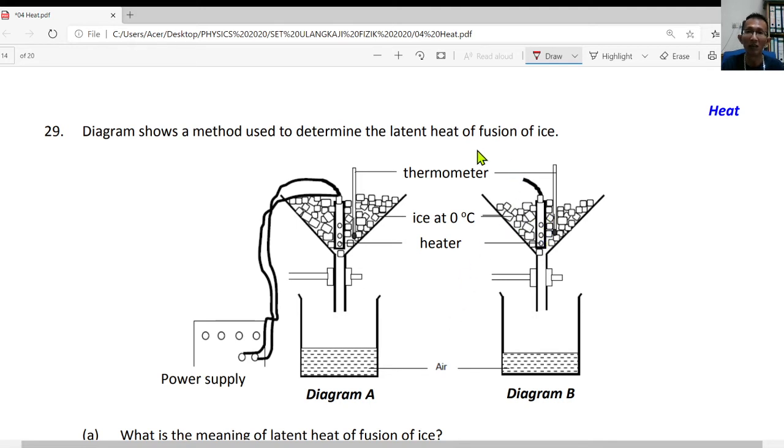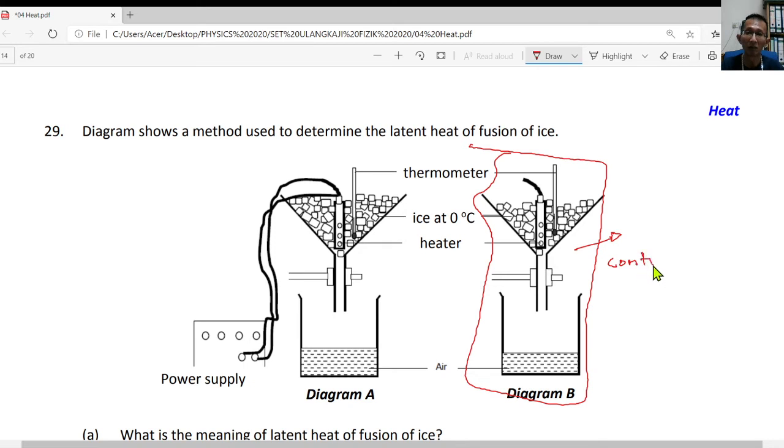Okay, so what is the function of this diagram B here? What is this diagram for, or what is this setup for? This is what we call, I believe in your biology class you have done this. Okay, so this is what we call as the control set. Okay, so why do I need this control set?